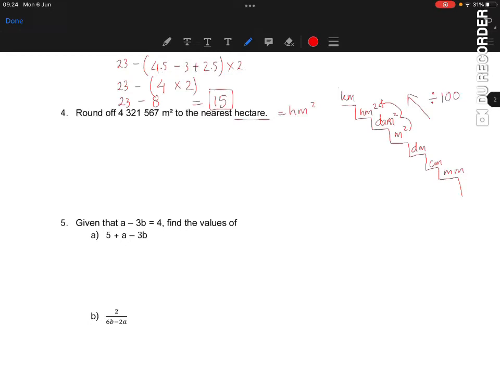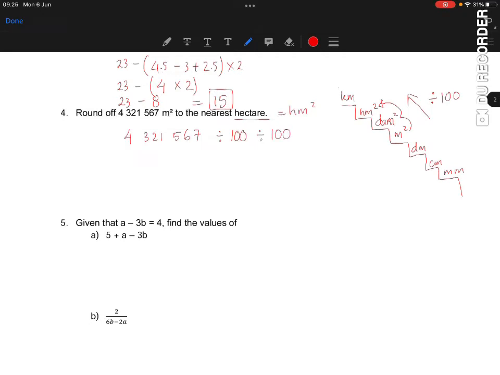So now just put your number, copy and paste, divide it. You have 2 jumps, right? From meter square to hectometer square, you have 2 jumps. It means you need to divide it by 100, then divide it again by 100.